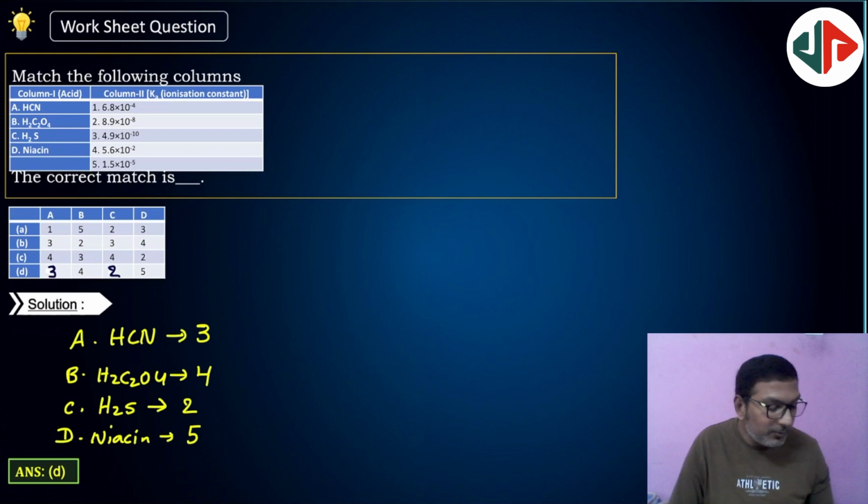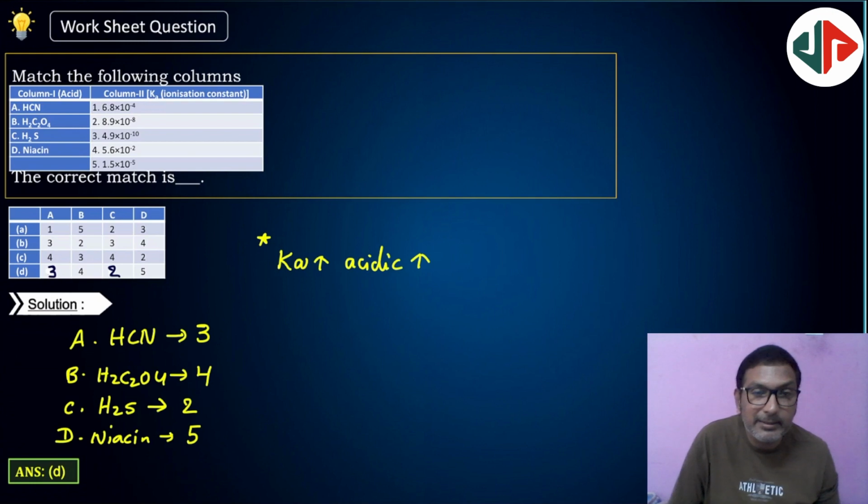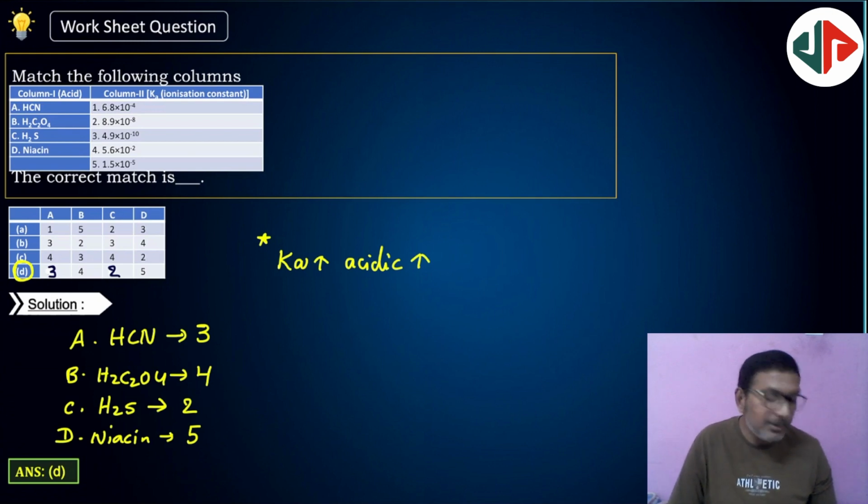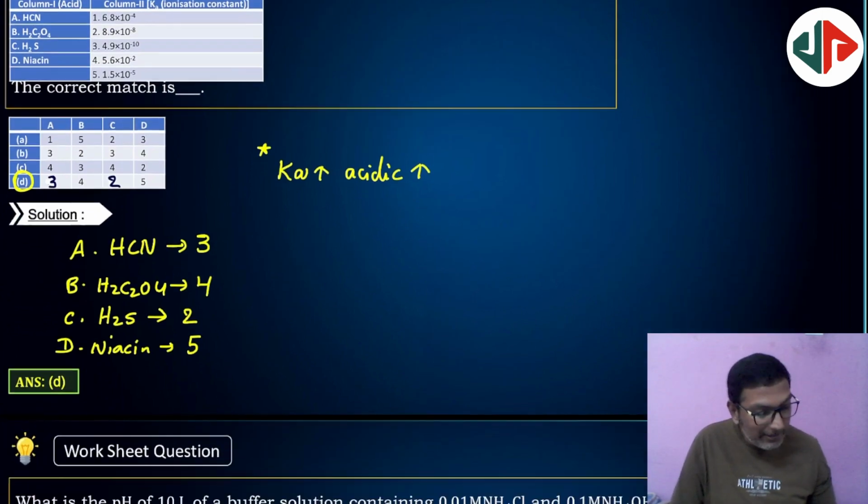So 3, 4, 2, 5. As the Ka value increases, acidic strength also increases. So based on this, the option will be D: A3, B4, C2, D5, based on acidic strength. Next.